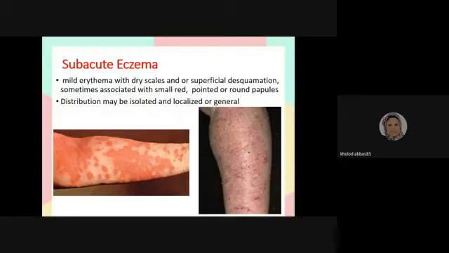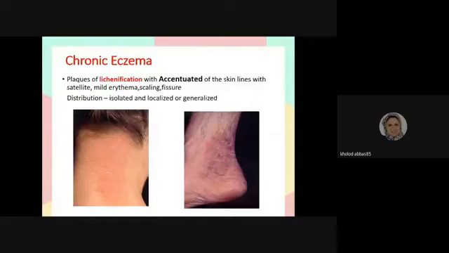If you see mild thickening, mild scales, mild erythema, the erythema is usually less than in the acute stage. In chronic dermatitis, lichenification, accentuation of the skin lines with mild erythema, scaling, fissuring.